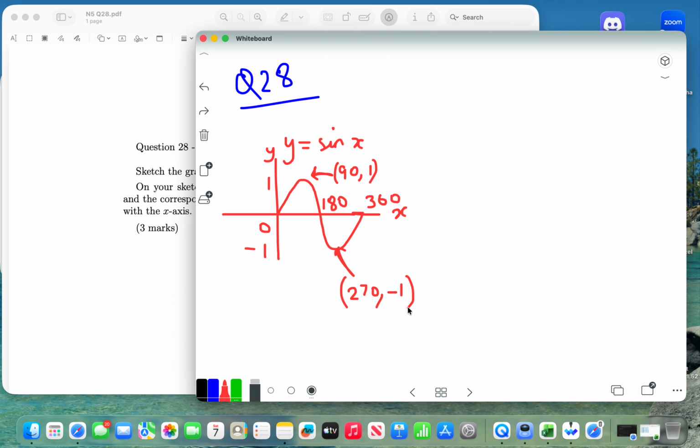Now what we have to do is get the graph of y equals sine (x minus 20). And this means you shift it 20 to the right along the x-axis.